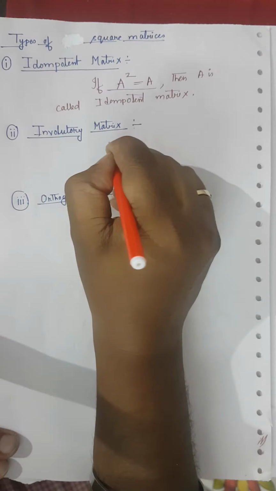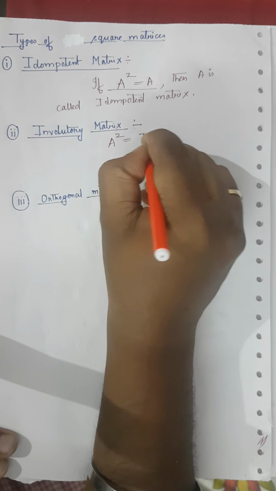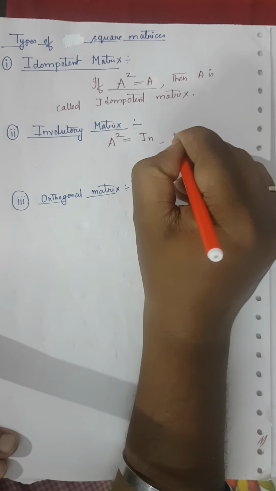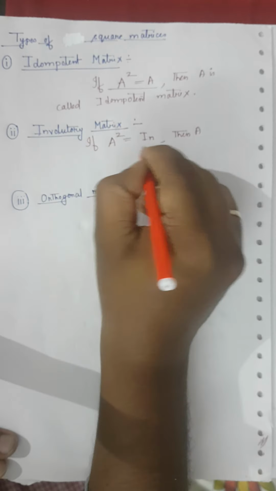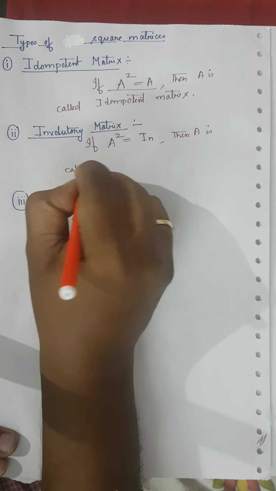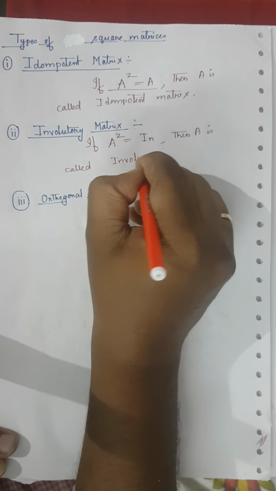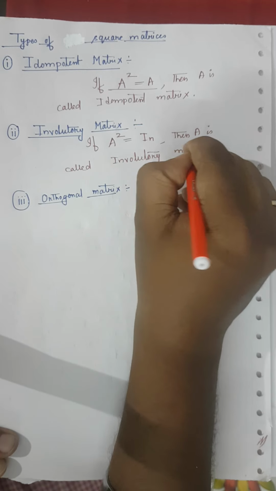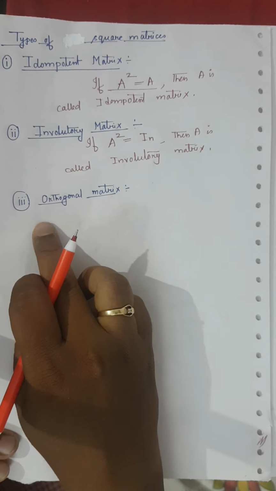Number two is involutory matrix. If the square of a square matrix is equal to an identity matrix of the same order, that is, if A square is equal to In, then A is called an involutory matrix. And number three is orthogonal matrix.